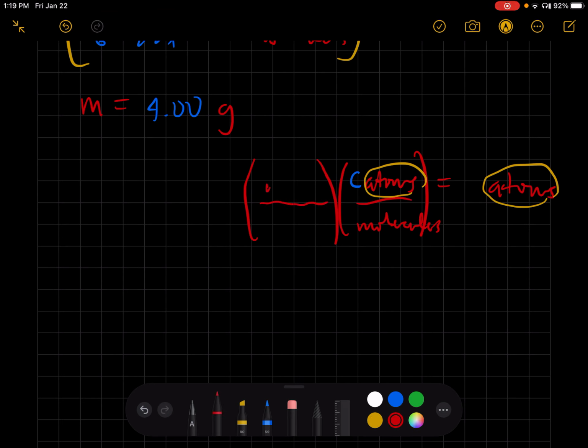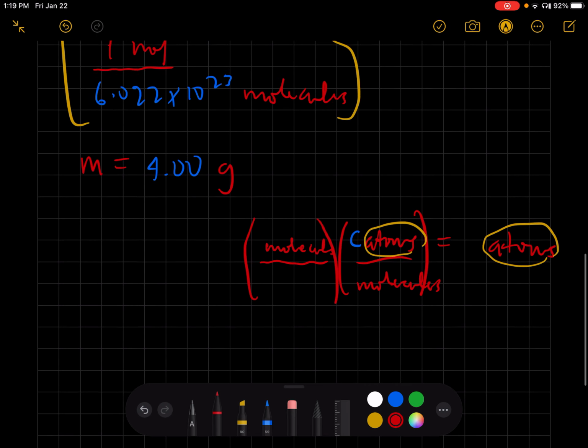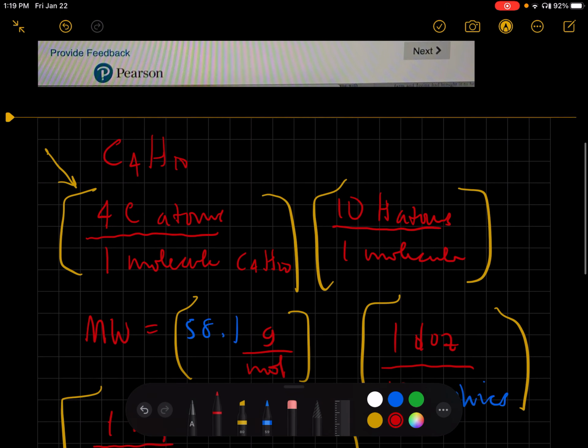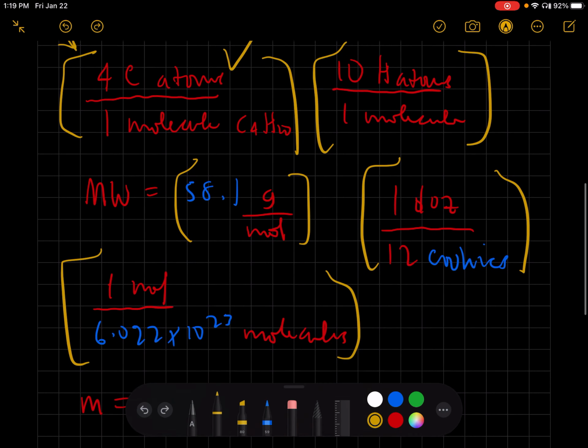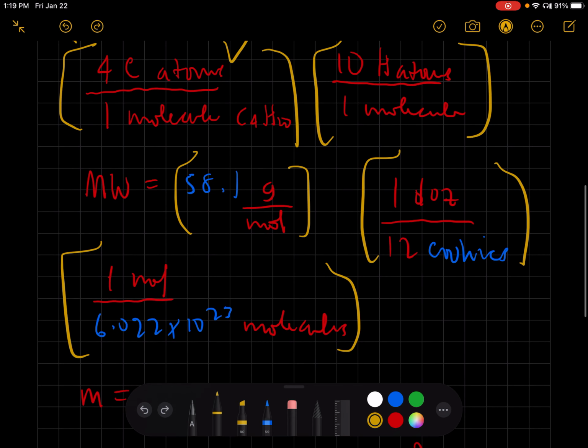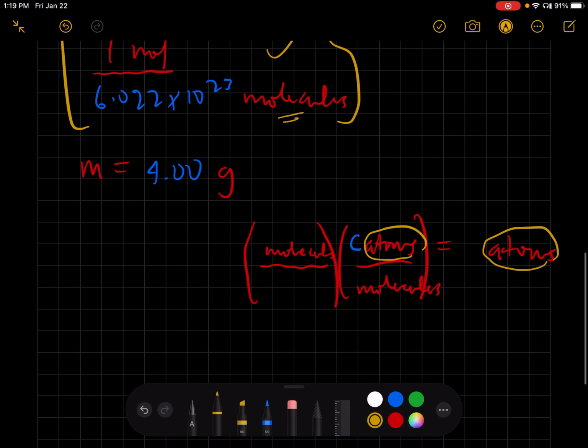Molecules, can you read my writing? Molecules. And let's look back up here and see where molecules is. Okay, well, there's molecules in this ratio, but that relates it to hydrogen atoms, and I don't care about that. We're talking about carbon here. Aha! Here's molecules. Look at that. So it looks like molecules is related to moles there, right?